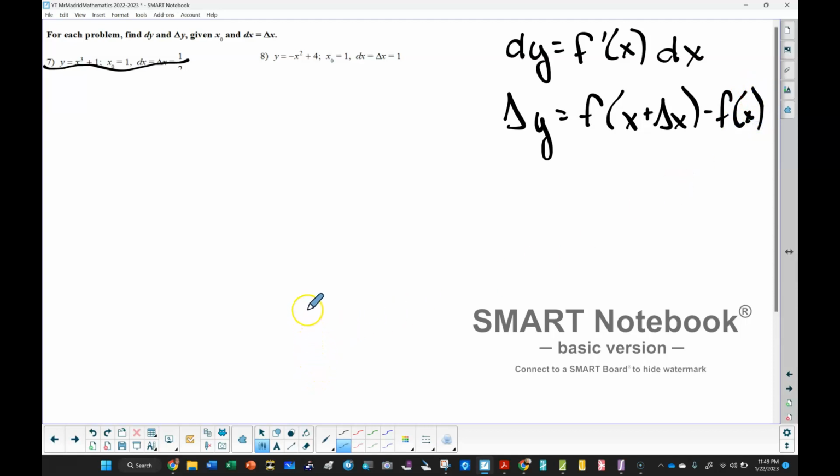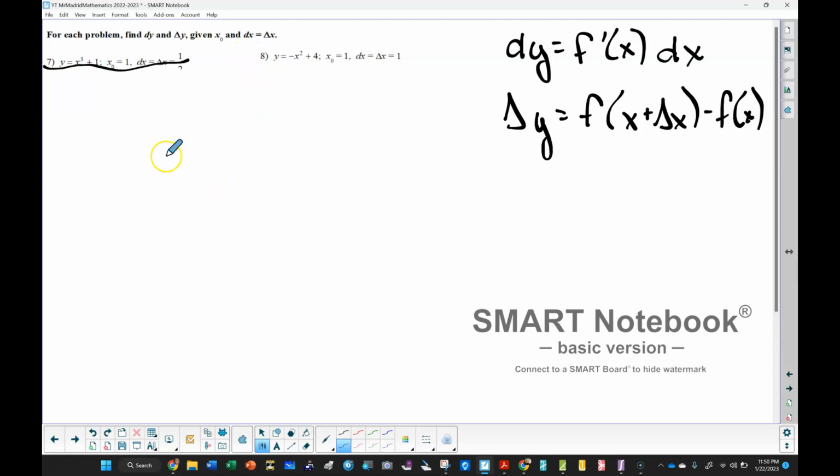With differentials, the relationship between the differential y and the change of y, the differential x and the change of x, they're very much related. That's what differentials allow us to do, among other things.